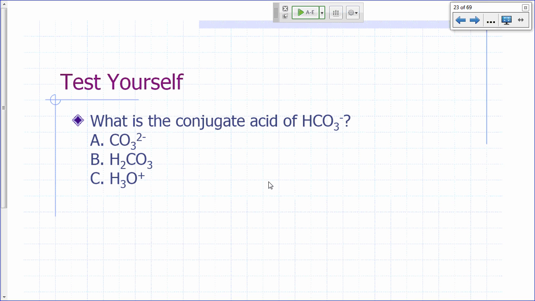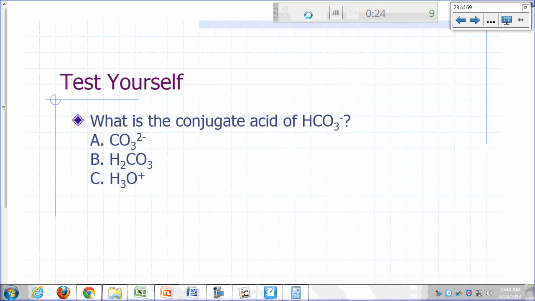Okay? So what is the conjugate acid of HCO3 minus? Let's see. If you're asked for its conjugate acid, then that means it's behaving like a base. And what does a base do? A base is a proton acceptor.